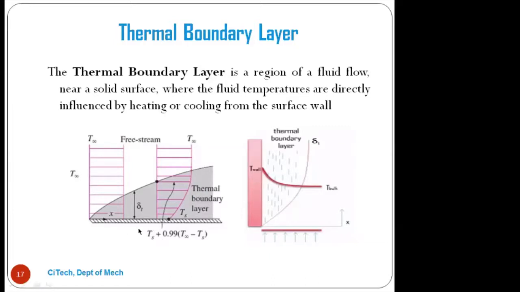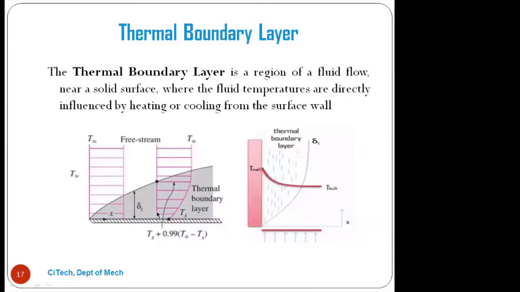Above the plate the fluid is flowing with the temperature T infinity, called the free-stream temperature. If the plate is heated from the bottom side, the temperature will be higher at the plate and goes on decreasing as the fluid moves away.